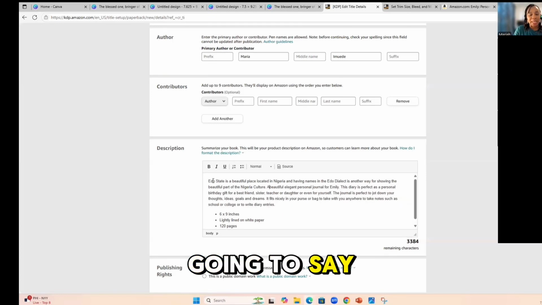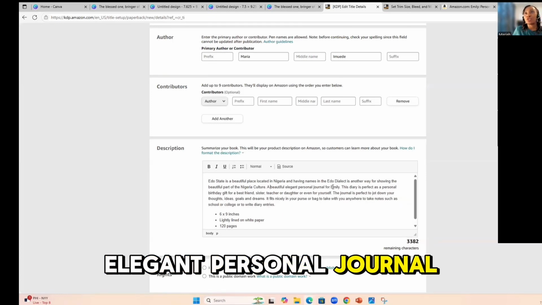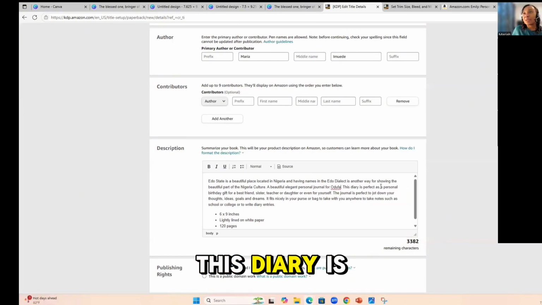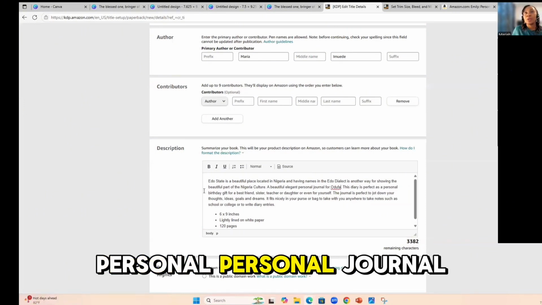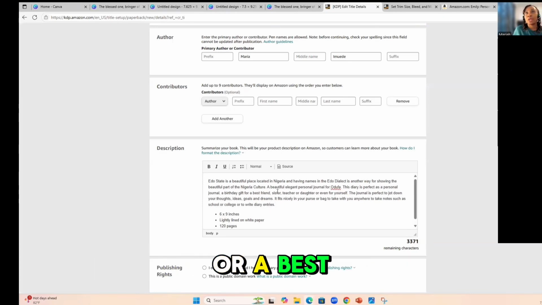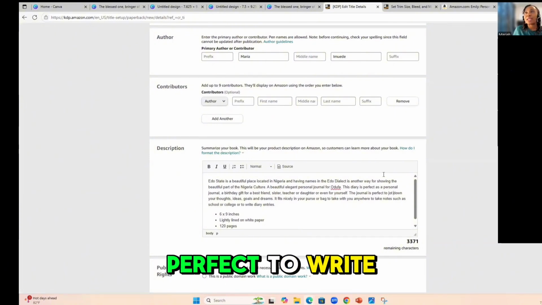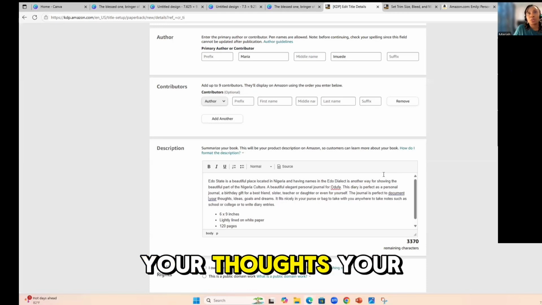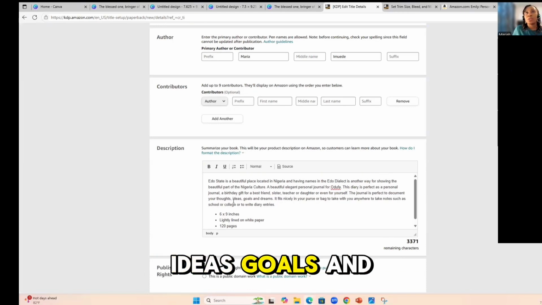So then I'm going to say a beautiful, elegant personal journal for Odufa. That's a beautiful name in Edo State. This diary is perfect for a personal journal, a birthday gift for a best friend, a teacher, a daughter, or even yourself. The journal is perfect to document your thoughts, your ideas, goals, and dreams.